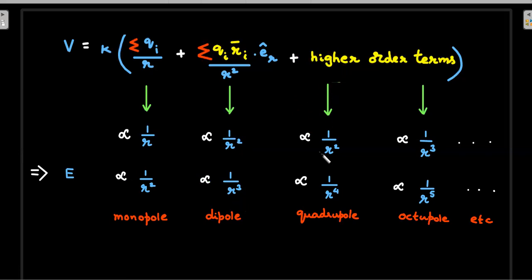Then the next term, which is going to be the quadrupole term, would be a slightly complicated summation. This was a scalar, this dipole moment was a vector, and the next terms will all be tensors. Don't get tensed by the word tensor, because a lot of you JEE students will not have any idea of tensors. But the calculations that could be involved in a JEE exam for these tensors would be of an easier type.